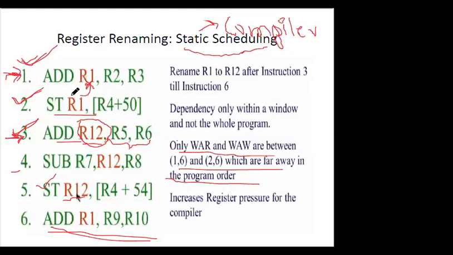So this is far away from the value of R1 in step 1 and step 2. So by the time instruction 6 is going to execute, the WAR and WAW between 1-6 and 2-6 have been addressed.